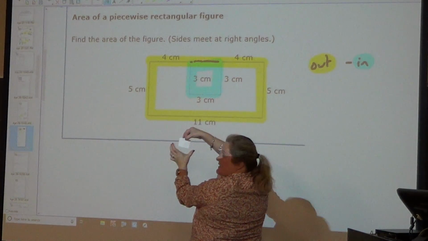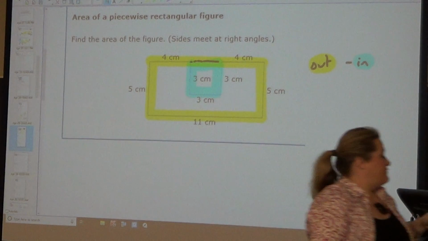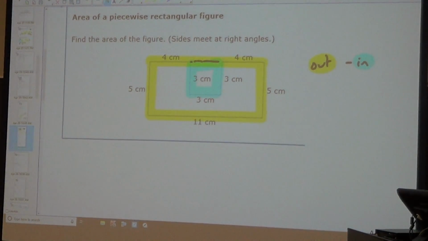5 and 11. So for the outside shape, I do the length times the width. So 5 times 11 is 55. That would be the whole sticky note. Okay?